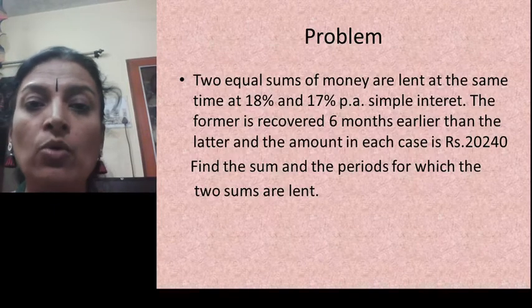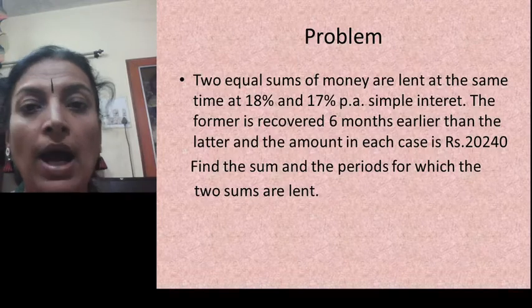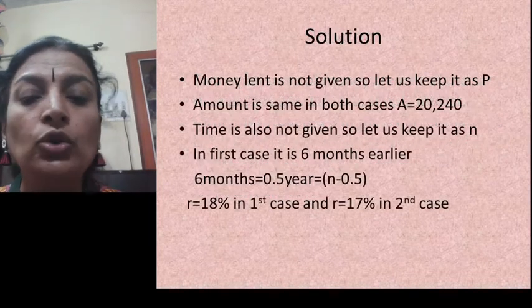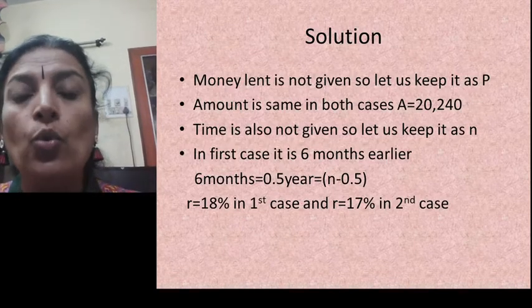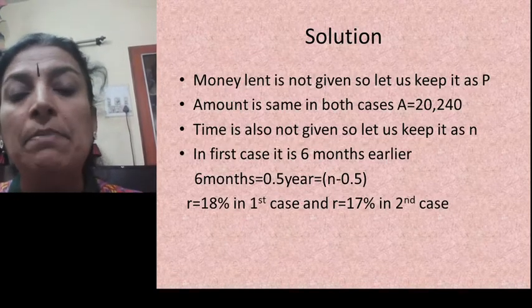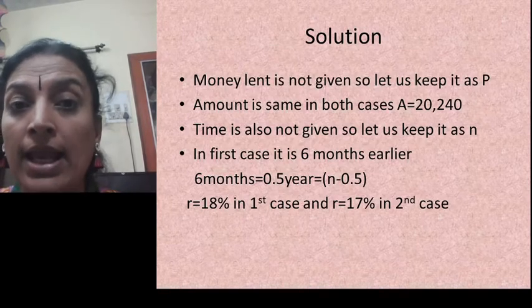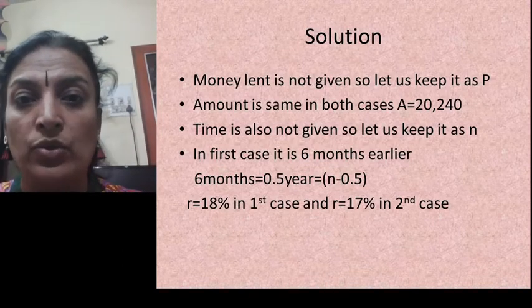So we have to analyze what is given in the problem and what should be calculated. First, let us understand. P is not known, so we have to calculate it. Let us keep it as P only. And let us take A is equal to 20,240, which is given in the problem for both the cases.